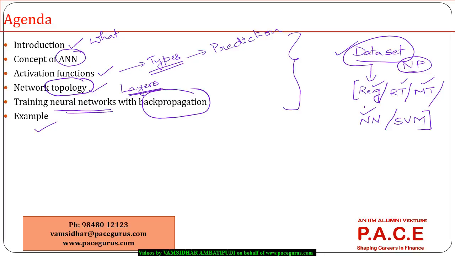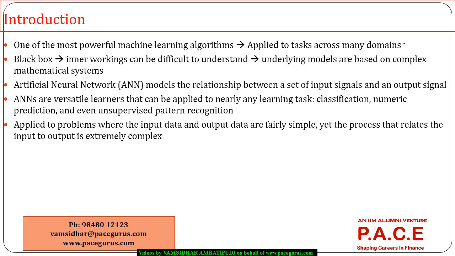So that's what I want to see, and probably when I'm discussing the next session on support vector machines, I want to take the same data set and extend the example as well. Alright, so let's get started.